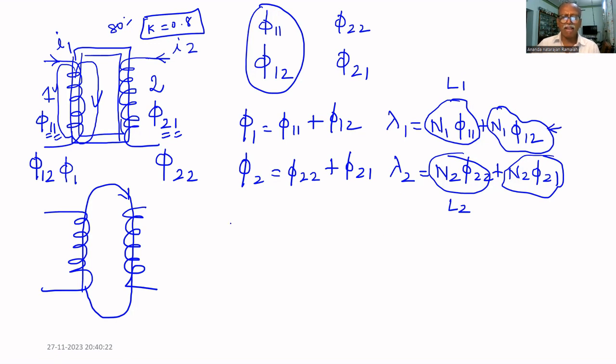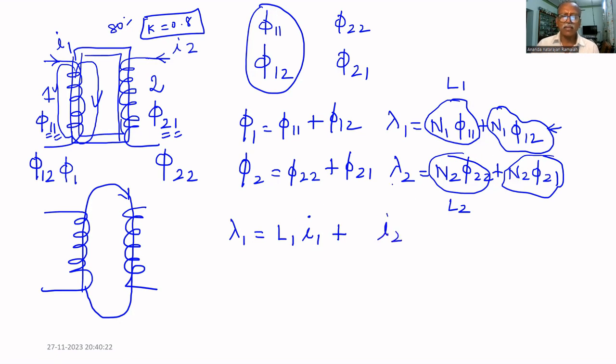That's why lambda 1 can also be written as L1 I1 plus this, which is because of I2. This flux is because of I2, but it is not because of L1.